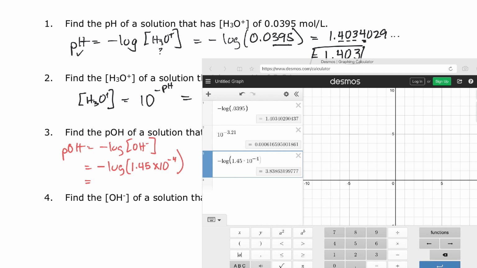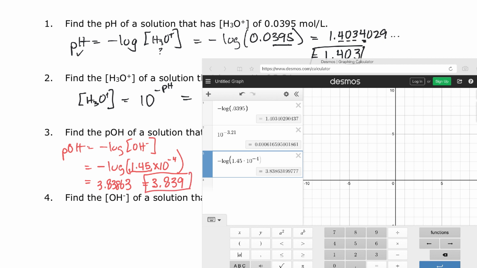So that comes out to 3.83863, etc. In my question, the concentration has 3 digits, so I need 3 decimal places in my pOH. 3.839. That'll be my pOH.